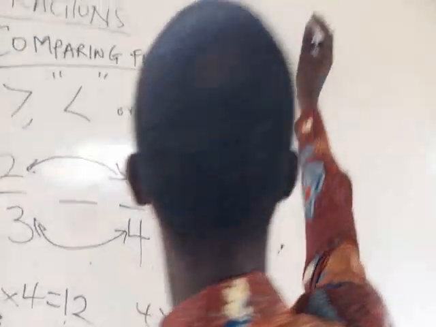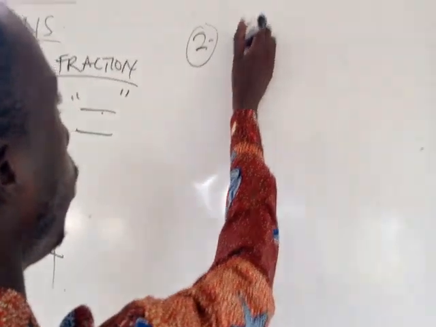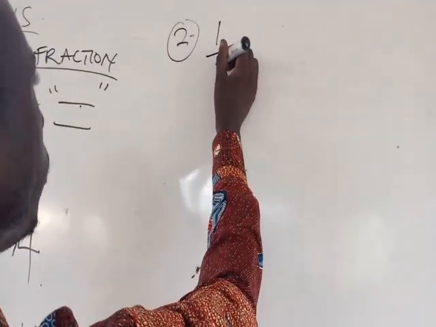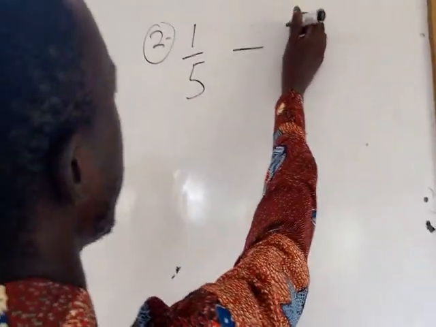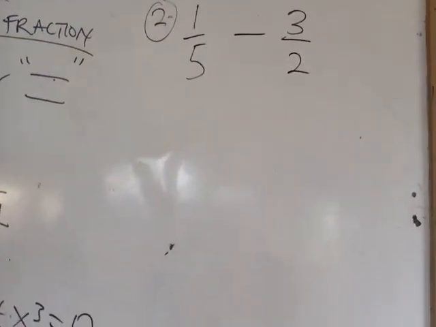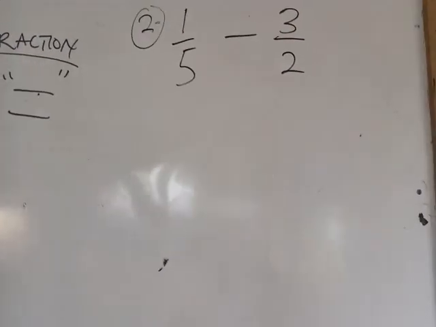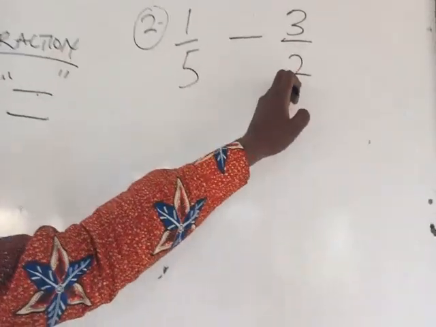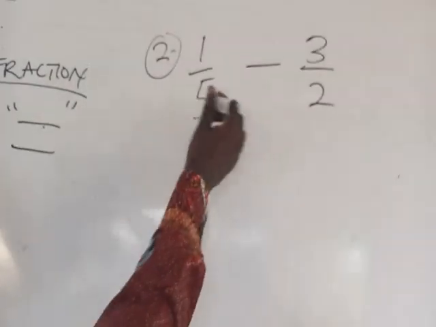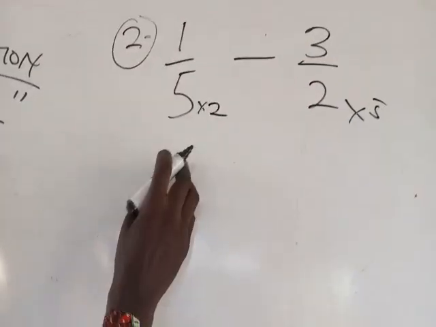Let's take our last example under this section. One over 5. That's 3 over 2. You see, we are having different numerators and different denominators. And to change these to the same denominators, you multiply this one by 2 and this one 2 by 5, because we will get 10 here.